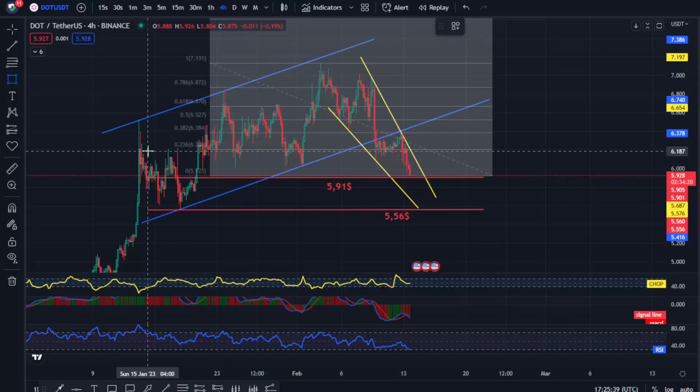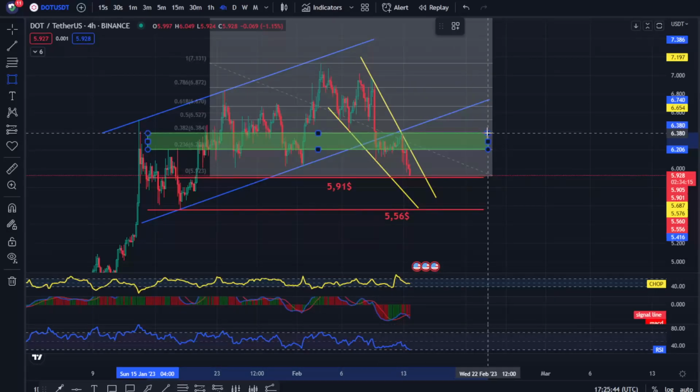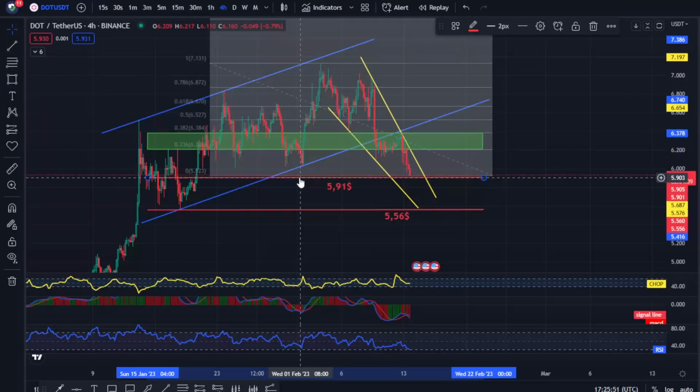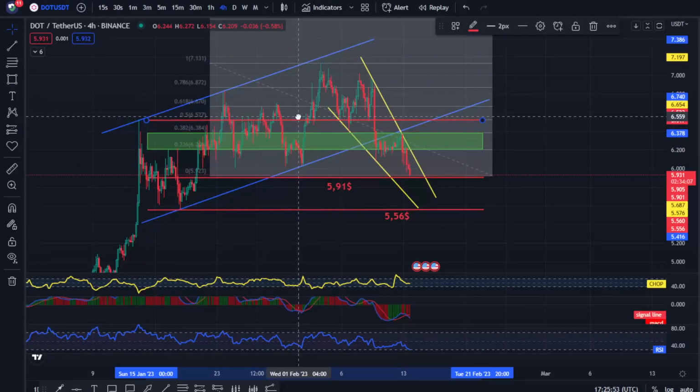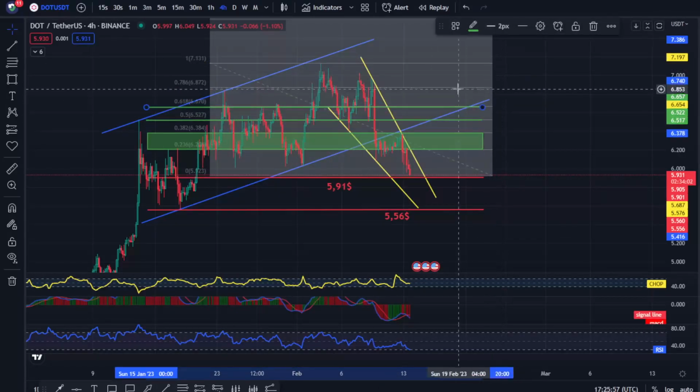Looking the other way, we see that we first have an important resistance zone from $6.21 to $6.38. Only when we break through it will the next resistance be at $6.52, and then $6.66.